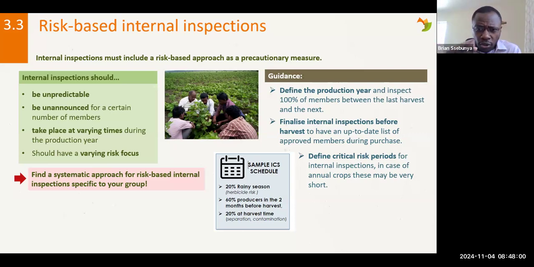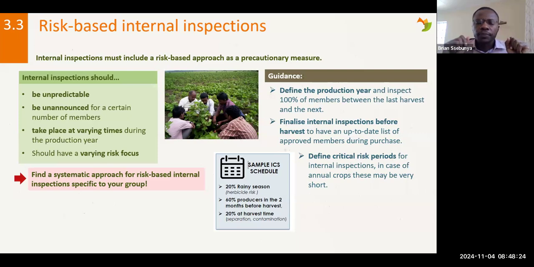Again, if it's cotton, as we see in the picture, there's a risk that farmers will use GMO cotton seed, which is a big risk in cotton production. Then you should be visiting or internal inspecting during the planting season, because you want to see where they're getting their seed.